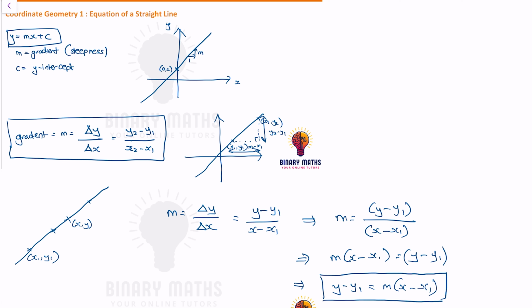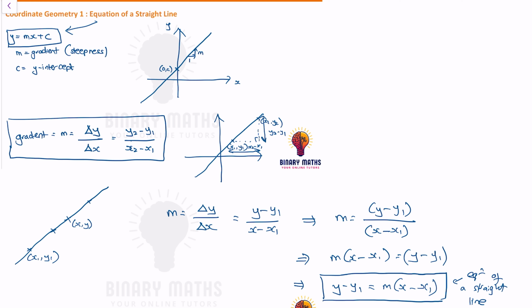Now this is more helpful in exams. As long as you know a point on the line and a gradient of the line, then you can always use this for the equation of a straight line. Okay, so we've got 3 formulas here.